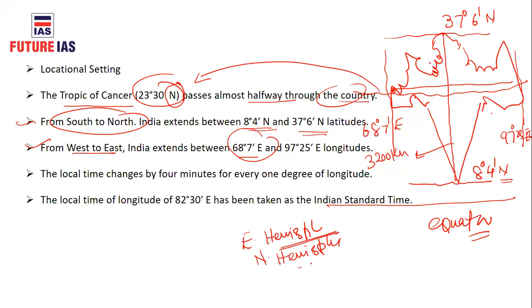So the geographical area of the country lies in the eastern hemisphere and the northern hemisphere.